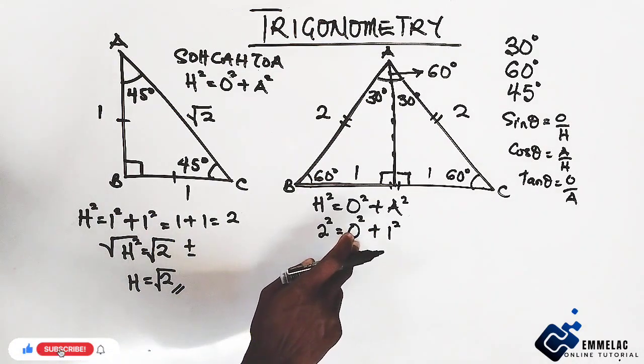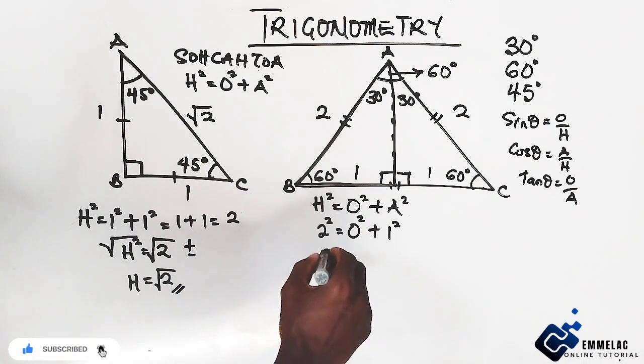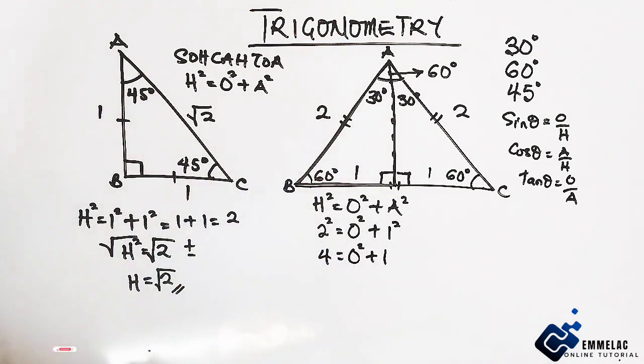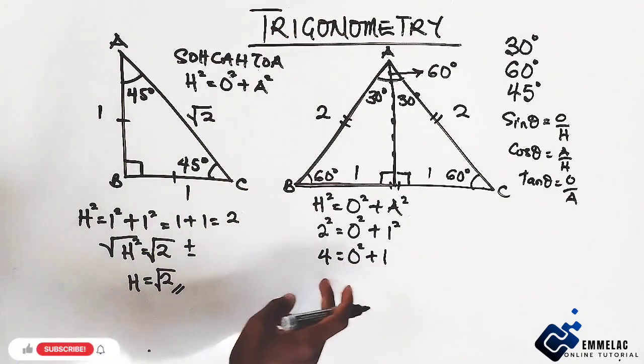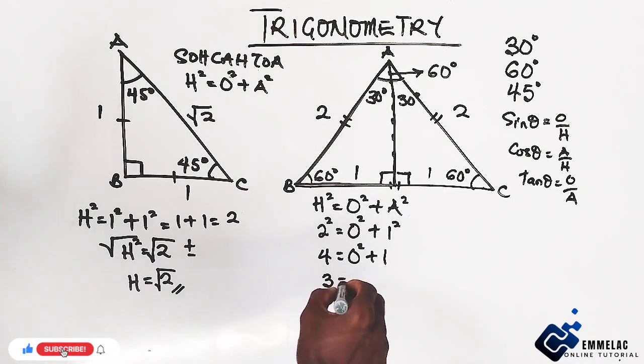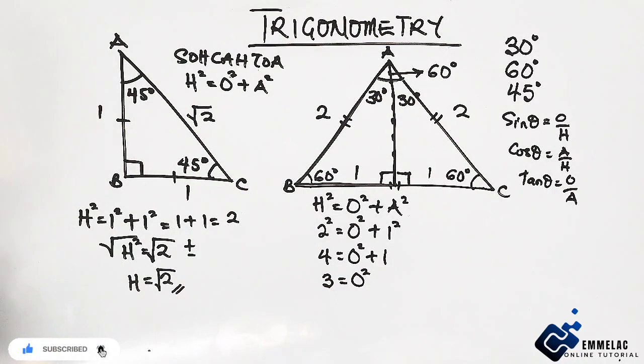Please don't mistake this for 0, this is opposite. Okay, so here we have 4 equals the opposite squared, plus 1. Subtracting 1 from both sides, we are left with 3 equals the opposite squared.